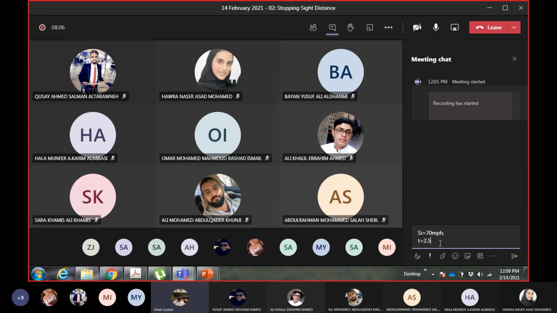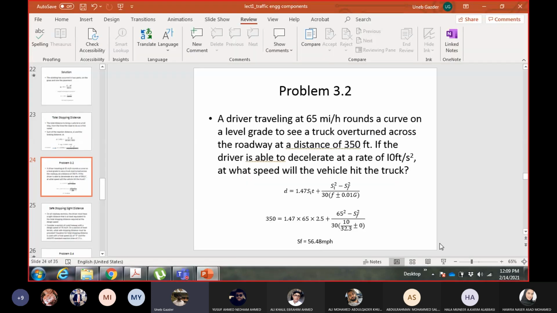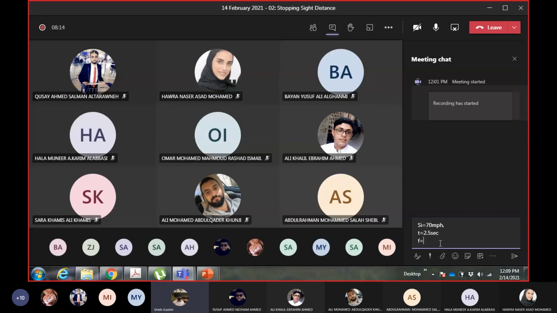Time is 2.5 seconds. SF, they said take it 0. Gradient not given. And F will be taken as 0.348, which was a upon g. If you remember, we calculated the value last time using the AASHTO recommended deceleration rate.